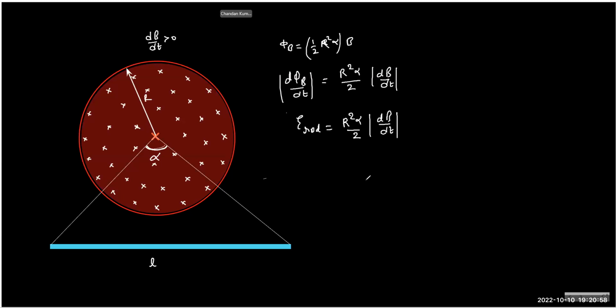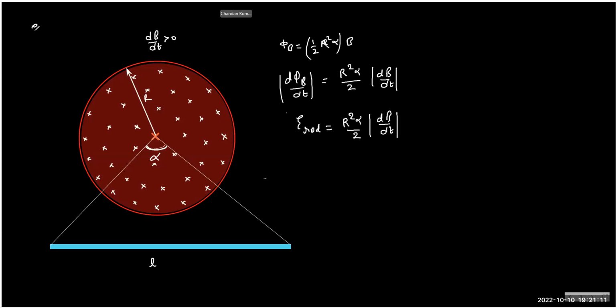So for the outer rod, this is simple. And if we have a rod which is extending from inside to outside, then you have to do the calculation separately.